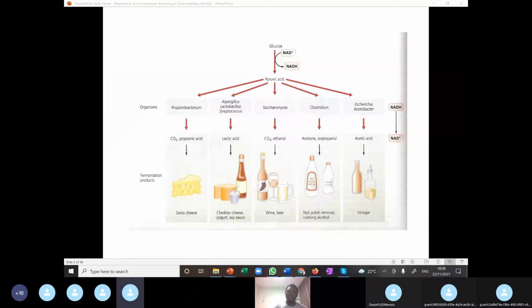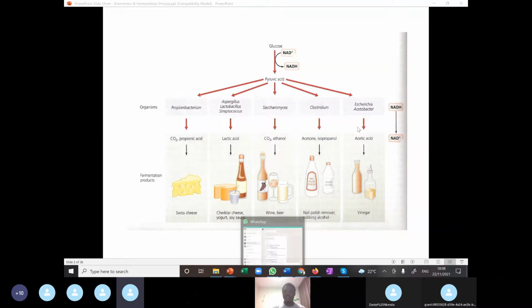If we're using Aspergillus species, lactobacilli and streptococci, then we're likely going to get yogurt, cheese, and cheddar from lactic acid. If we're using the yeast Saccharomyces for alcohol fermentation, we're likely to get wine and beer. And the list continues, as you can easily read. As I indicated, this is something we have gone through already.